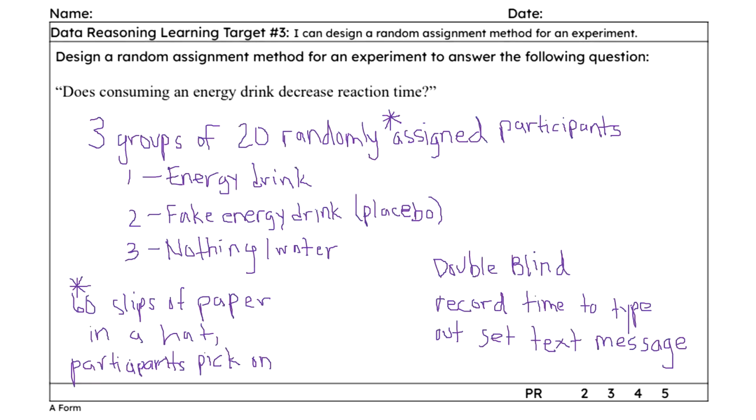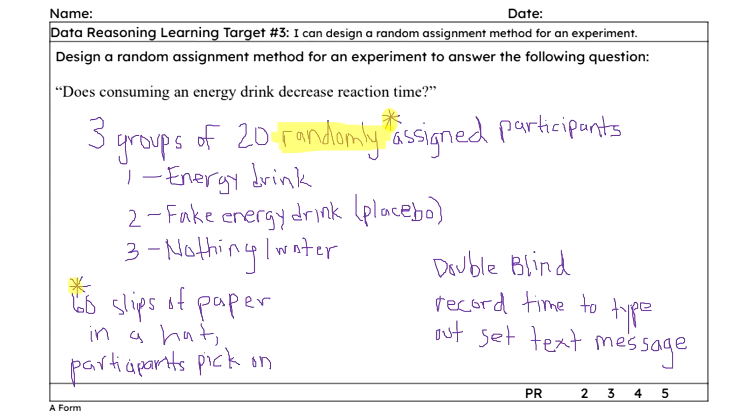So I kind of like randomly assign participants to different groups and then make sure it's double blind, and then what is it you're actually recording. But of course, the most important thing here is that it is going to be randomly assigned. That helps to reduce a ton of bias. So you want to make sure that you describe what that actually is. What are you doing?